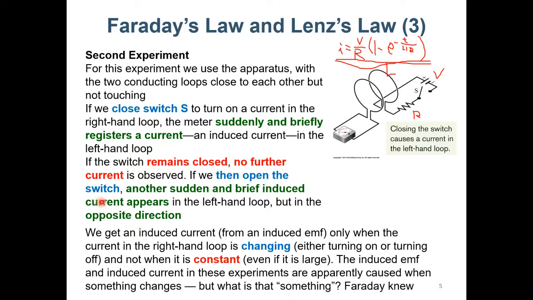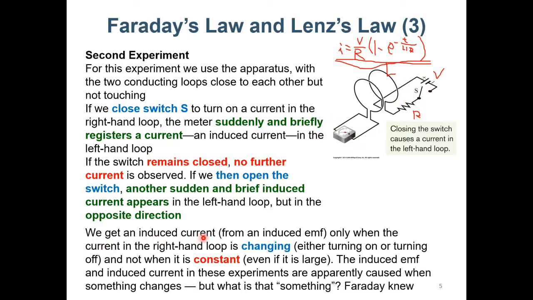If we then open the switch, another sudden and brief induced current appears in the left-hand loop, but in the opposite direction, because when we open it, the current in this loop decays exponentially to 0, which means there is some change in the current of this loop, and then the current in the other loop also changes, until some time later the current in this loop is 0, and then this one is also 0.